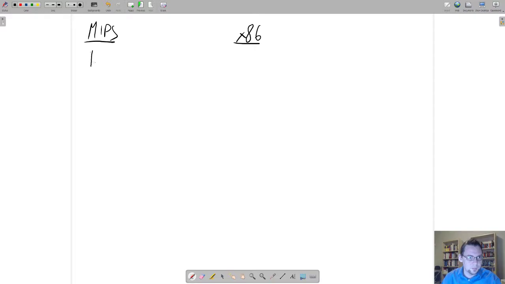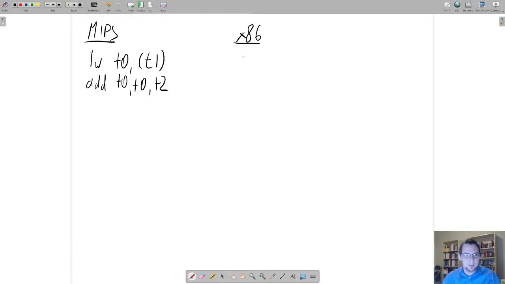Say you do this here: load word t0, comma, let's load from whatever t1, and then add t0, t0, t2. Simple instruction sequence, right? We load a value from memory and then add the contents of register t2 to it, and that's gonna be what's in t0.